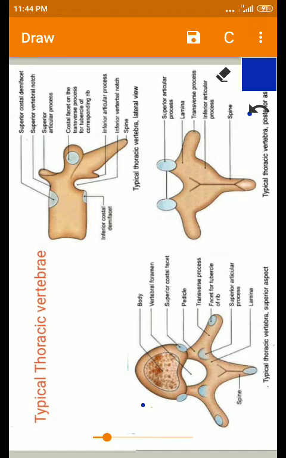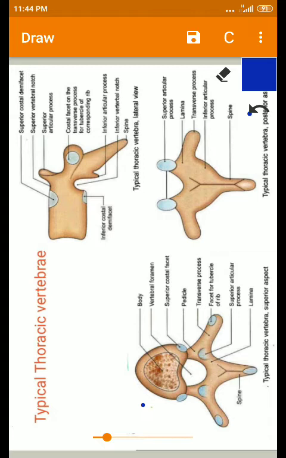Each region will have some peculiar features to identify whether the vertebra is cervical, thoracic, lumbar or sacral. Okay, now we are concerned with thoracic vertebrae.